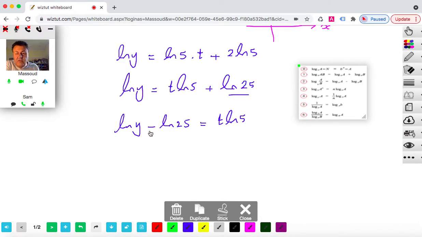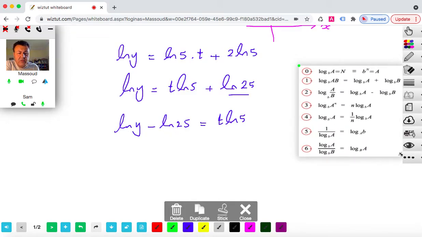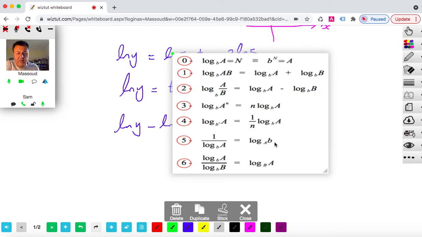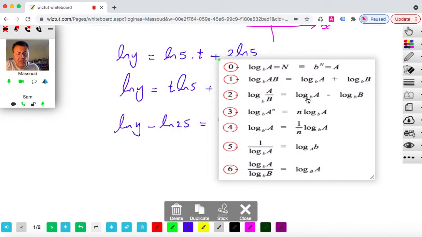Now there's a second rule we can use here, and that is that the subtraction of 2 logs can turn into 2 subjects being divided, and that comes from here. So we have subtraction of 2 logs, log of a minus log of b. These are not log naturals, as I said, but log natural isn't anything other than log to the base e, which is a very specific number.